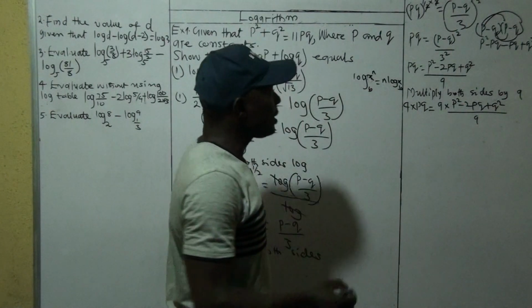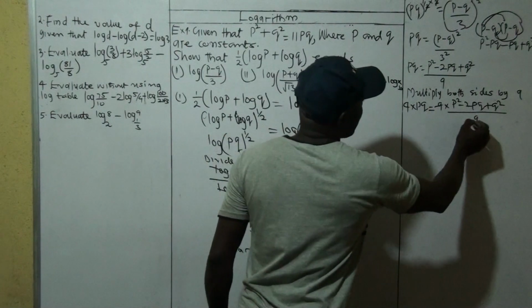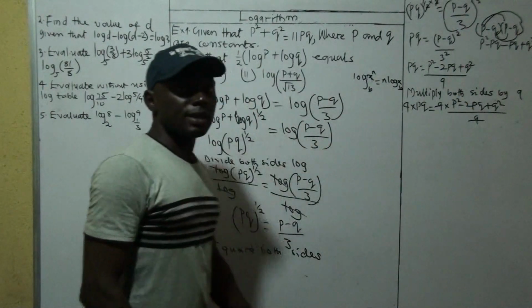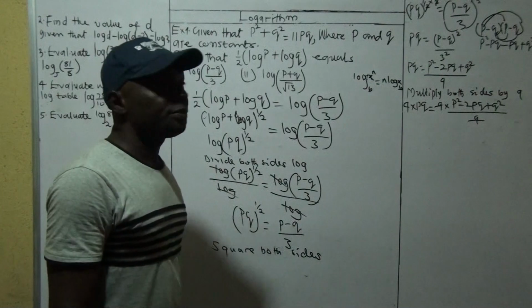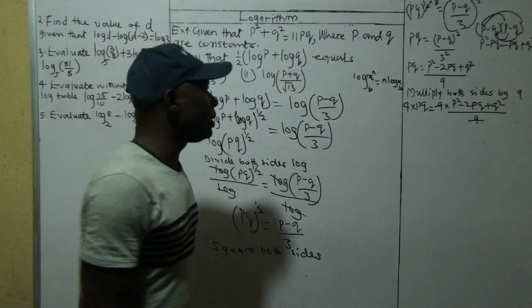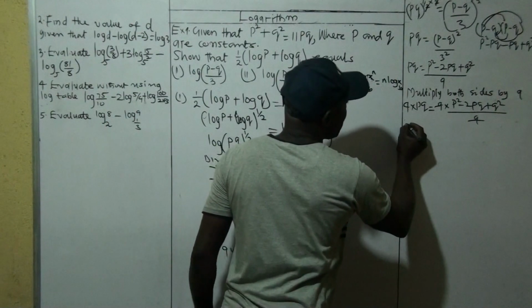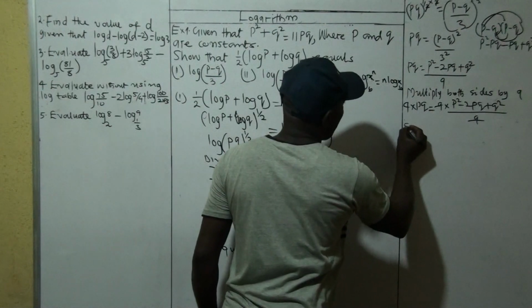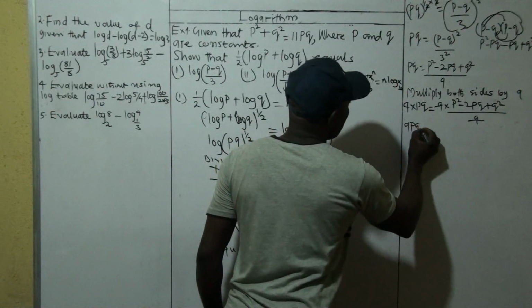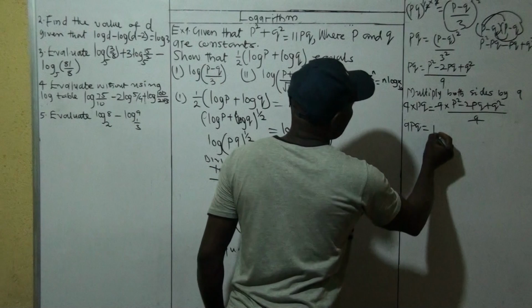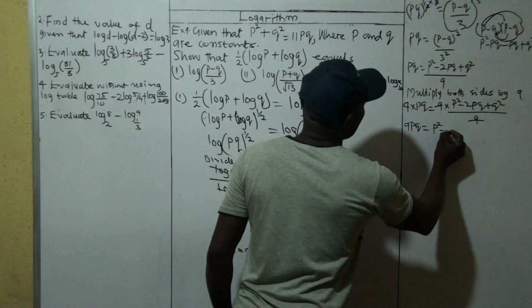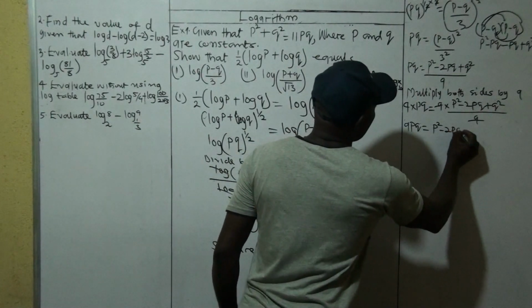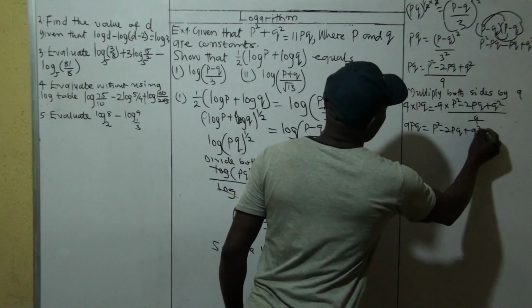And by the time you do that, you see this 9 at the denominator is eliminated. So the left hand side becomes 9pq is equal to p squared minus 2pq plus q squared.